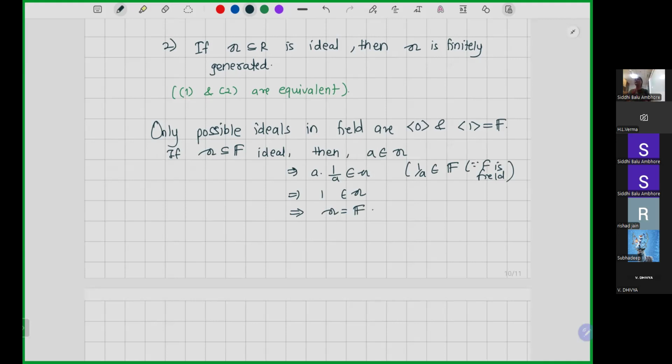So the only ideals are 0 and F. The field itself is a Noetherian ring because both ideals are generated by a single element, 0 and 1 namely.